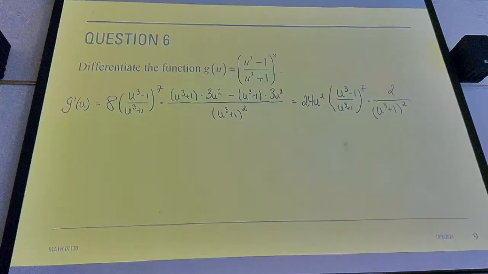Two. Oh, that's nice. That can still be simplified, though.